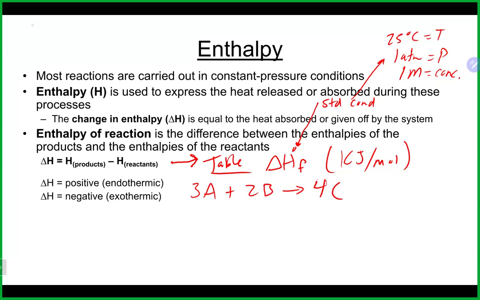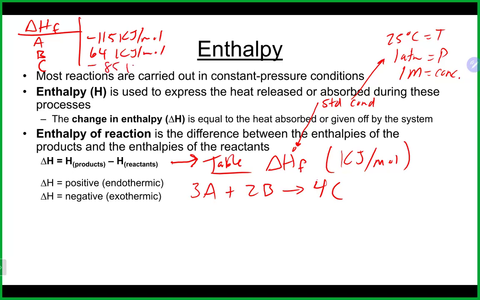And let's say we had a made-up table of A, B, and C, with delta H values of negative 115 kilojoules per mole, 64 kilojoules per mole, and negative 85 kilojoules per mole. This would obviously be a table, and you would look up these values for these specific things.